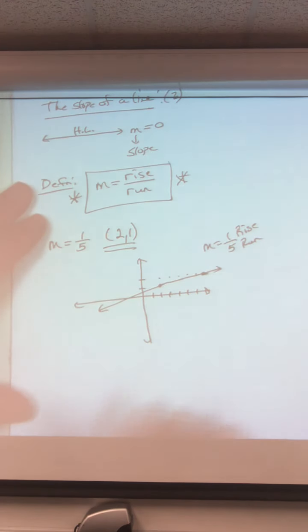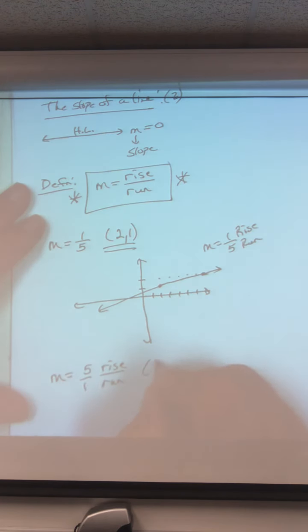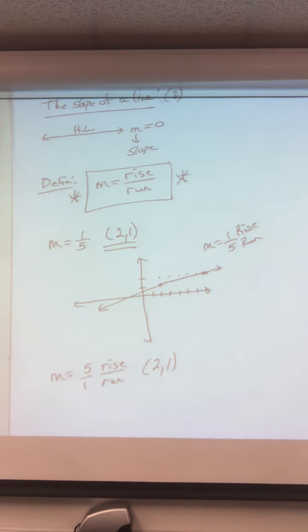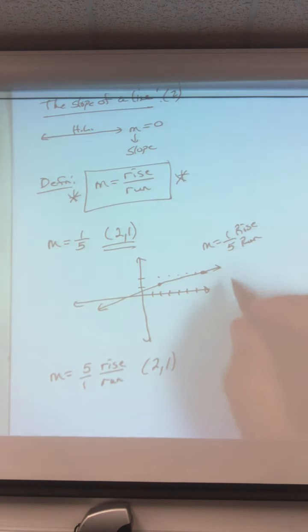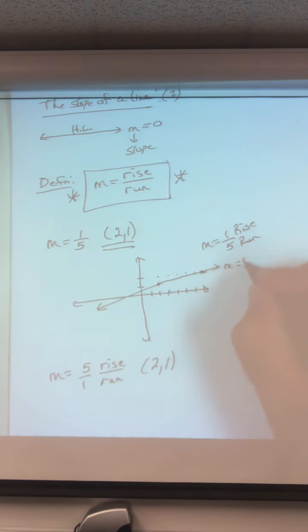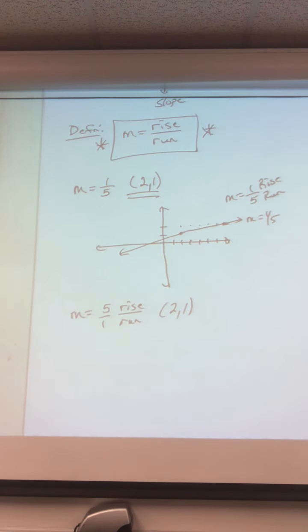So let's suppose I had a line of slope 5. This is rise over run. I'm going to use this same graph so that I don't have to draw another one. So this line right here has a slope of 1/5. Now if the rise is 5, that would mean go up 5 and right 1.